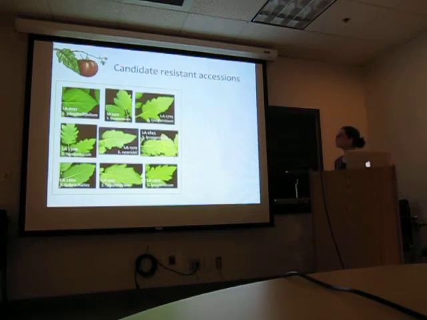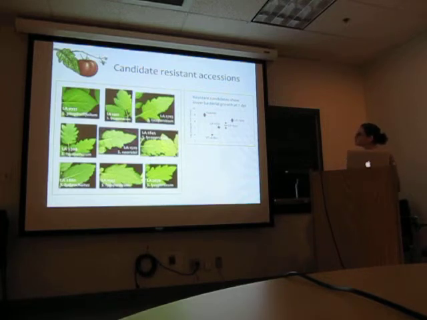And there are 9 candidate-resistant accessions. So these show no disease symptoms under those conditions. And he also quantified the bacterial growth in some cases. So this was after 7 days. You just grind up the leaves and plate out dilutions of the bacteria.